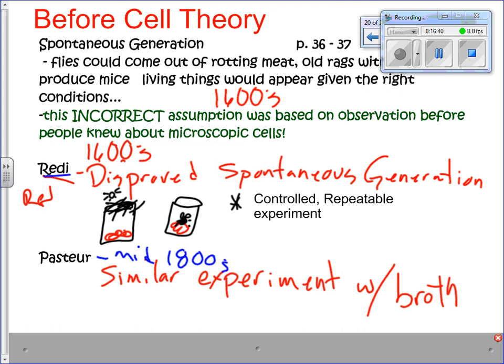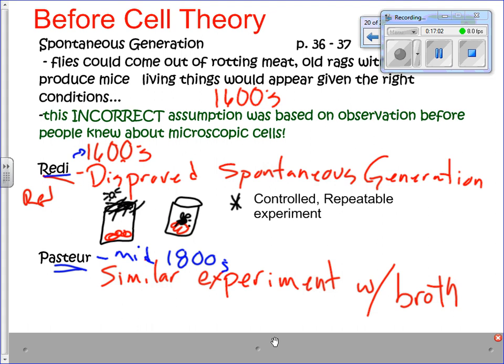You look at this, Redi did this experiment at the very beginning of when cell theory was being discovered. Pasteur's follow-up experiments are in the 1800s, as cell theory is probably starting to become more popular. Now we have all plants, all animals made of cells. And so this is an appropriate time because now we also know about the microscopic bacteria.